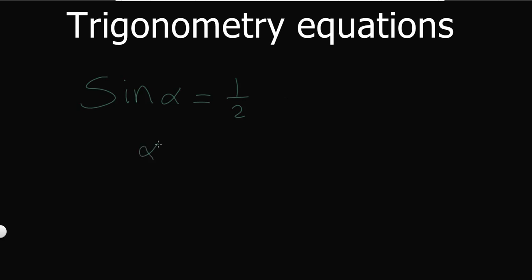You say alpha equal to the inverse of sine, meaning which value of which angle gives you this, okay? Or you can write it also arc sine of 1 over 2.